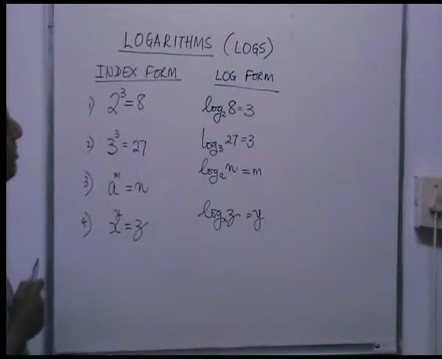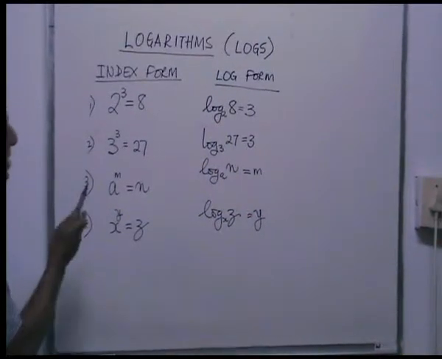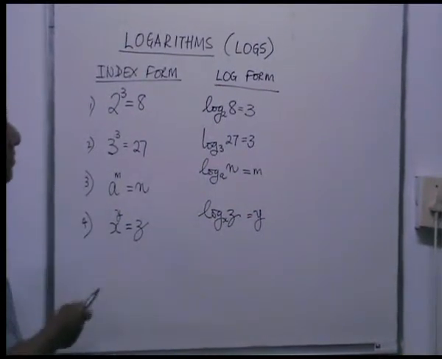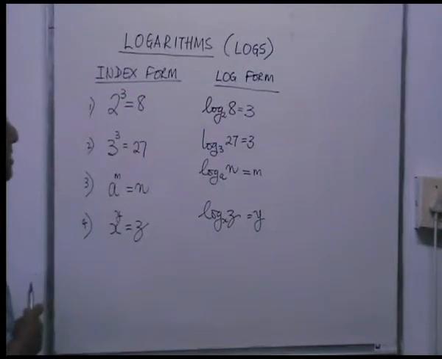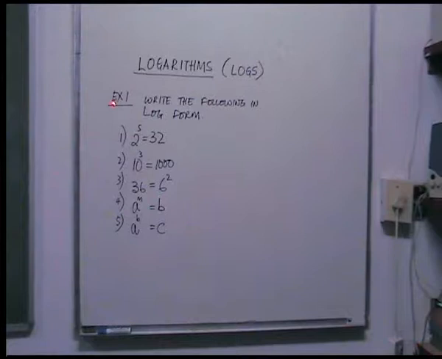Alright, so I'm going to give you a little exercise now where I will give you the questions in index form and you must be able to write them in log form. Here we have exercise 1. You are required to write the following in log form. Number 1, 2 to the 5 is equal to 32.